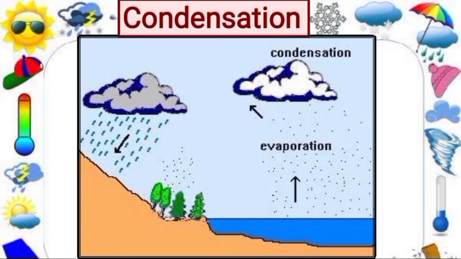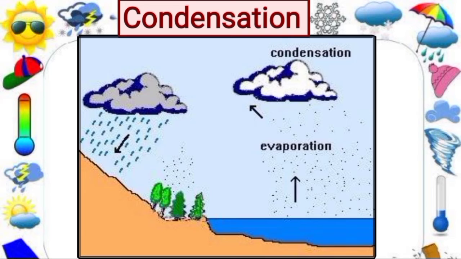Now let's understand what condensation is. When we boil water in a pan and cover it with a lid, we find tiny droplets of water on the underside of the lid. These drops have formed because water vapor has changed into water. This process is called condensation.